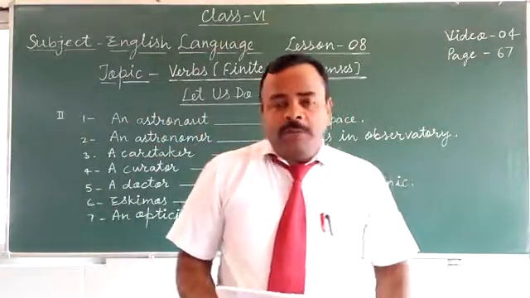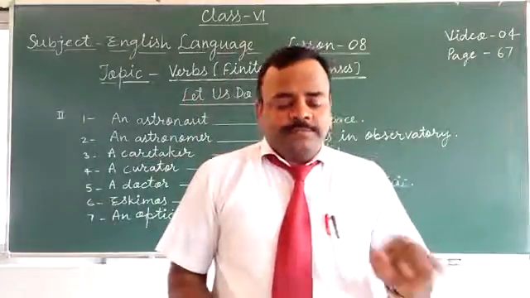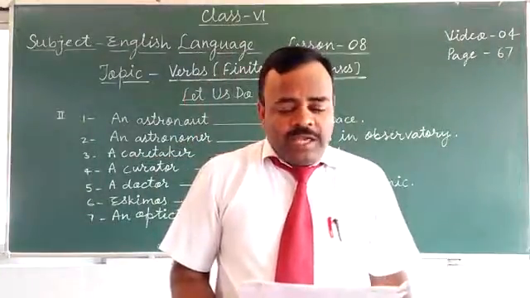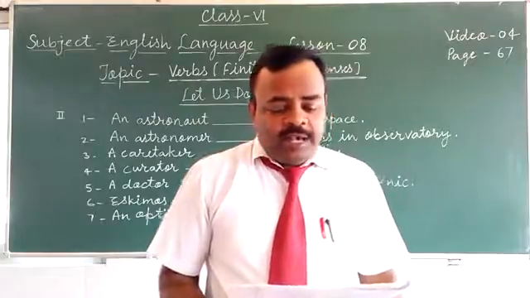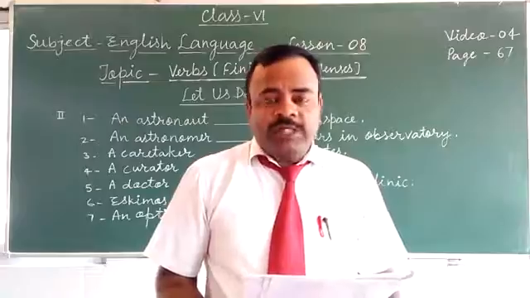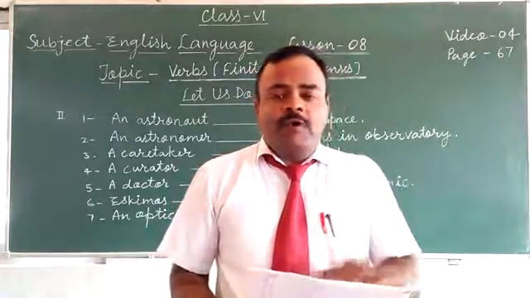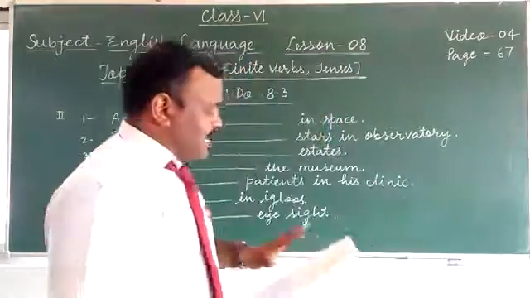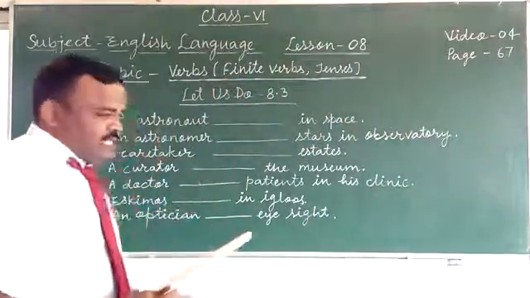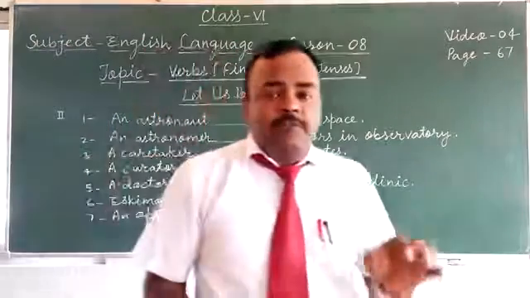So the verbs are given in the yellow box: bury, check, fight, live, look after, manage, observe, study, travel, treat. These are the verbs, and we have to fill these verbs in the sentences given below to make a meaningful sentence.